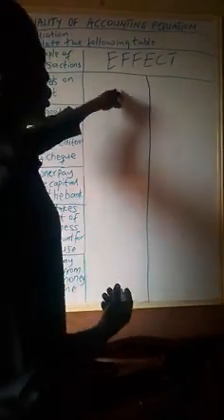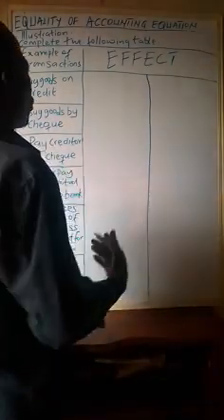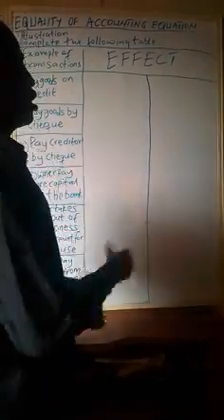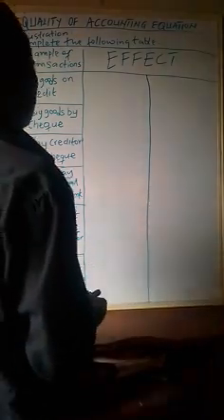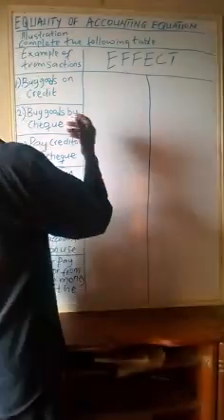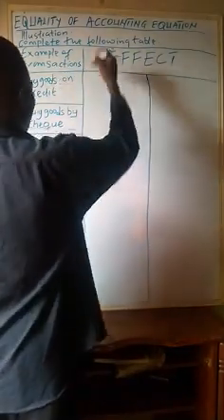But now we are not talking about debit or credit. What we are talking about here is what is the effect on either asset, capital, or liability. Buy goods on credit, that is, asset of stock has increased.